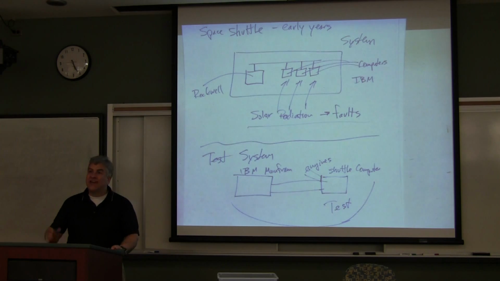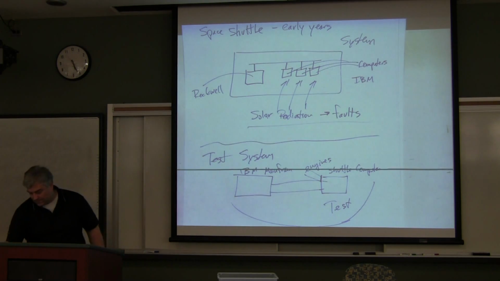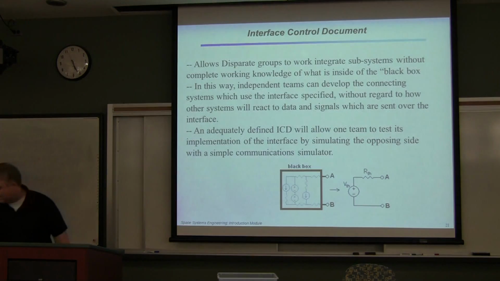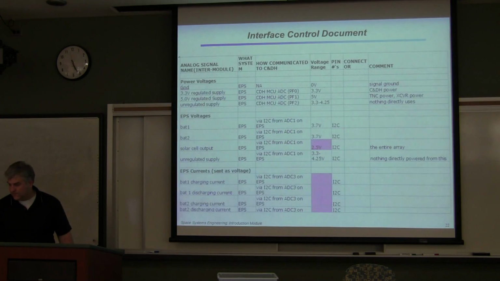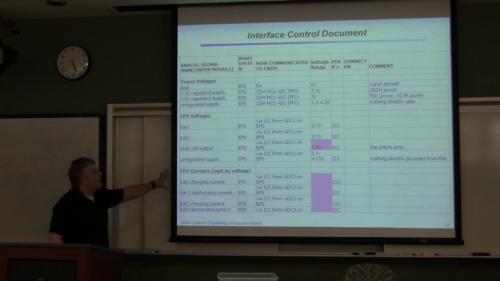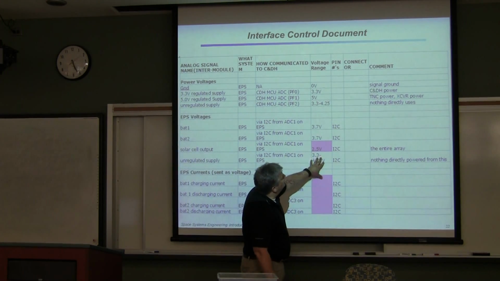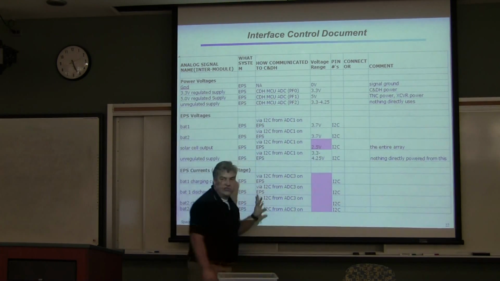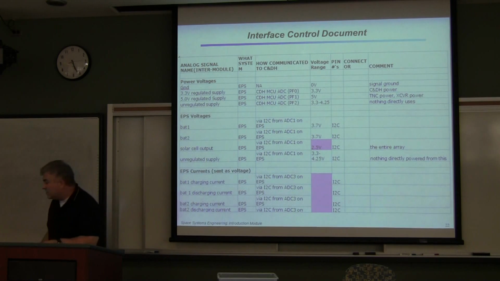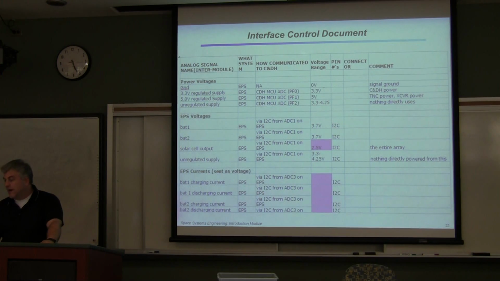All I have to know is that what I say is going to happen here is what will happen in actual testing and implementation. Another example, in an interface control document, you can even go so far as to say, all right, here's a pin, this is the voltage range, this is what it's going to do. This is another tool in your systems engineering box.